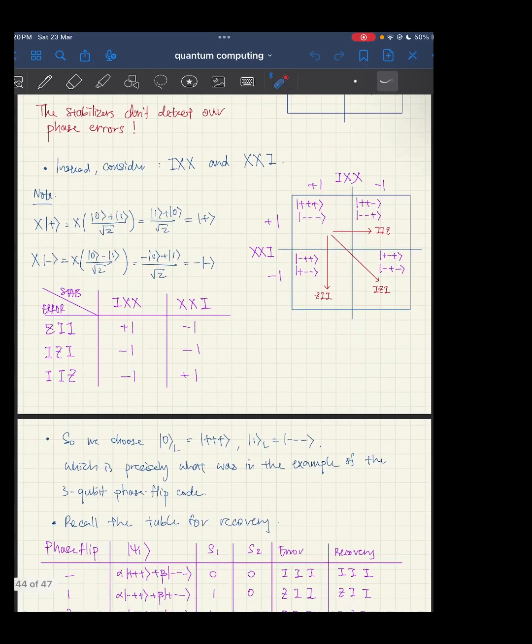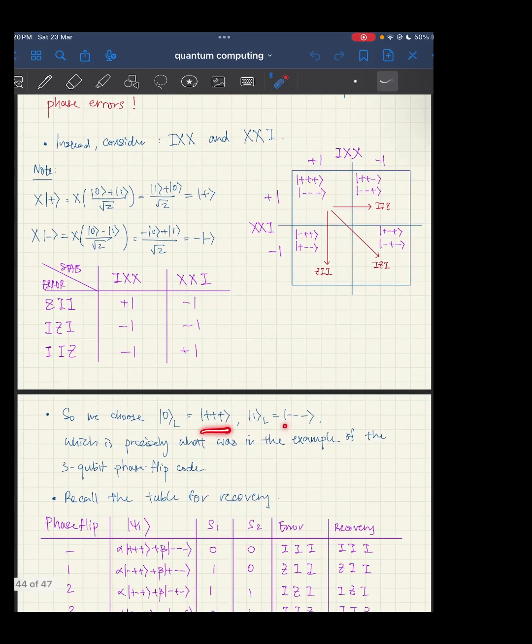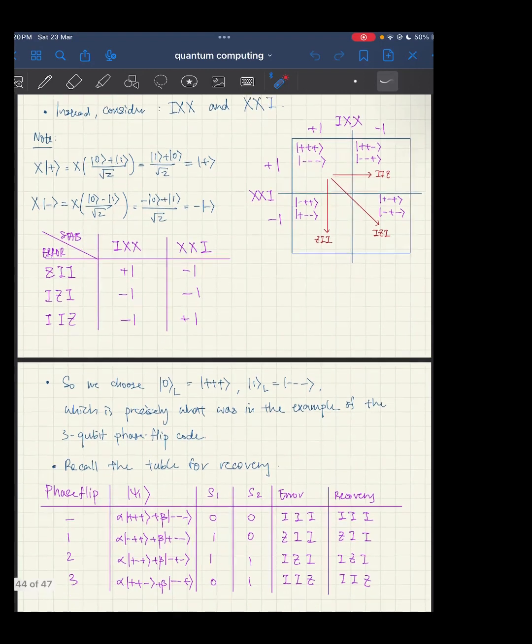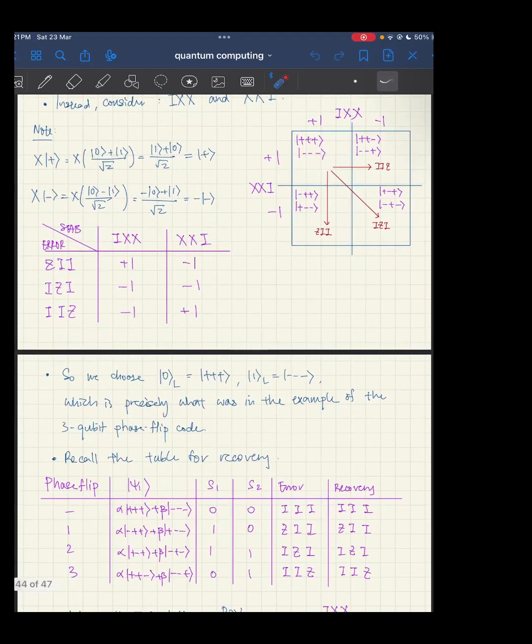So we choose our logical 0 to be this, and our logical 1 to be this. In other words, we will send our 0 to plus plus plus at the start to encode it, and we'll send our 1 to minus minus minus to encode it. And you notice that this is precisely what was done in the 3-qubit phase flip code. We started with alpha 0 plus beta 1, and we encoded it into alpha plus plus plus plus beta minus minus minus.